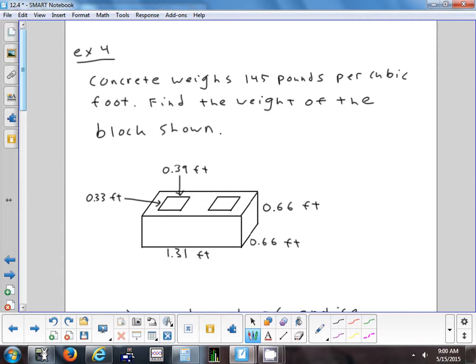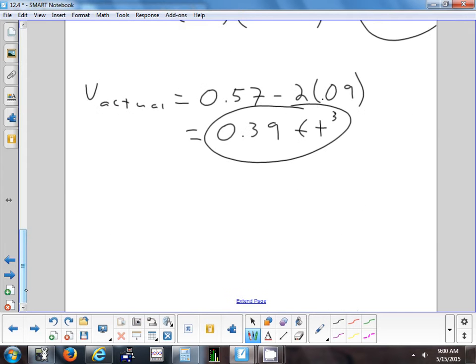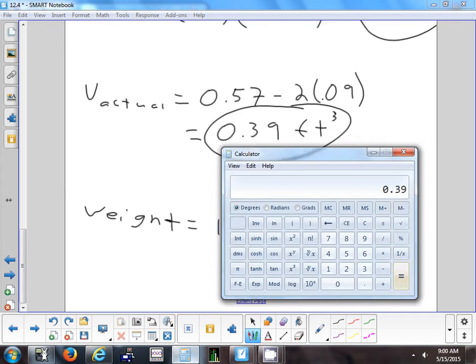Less. We don't even have a cubic foot. We've only got, was it 0.39? So what are we going to do with the 0.39 and the 145? Multiply them. Yep, good. So the weight is 145 times 0.39.